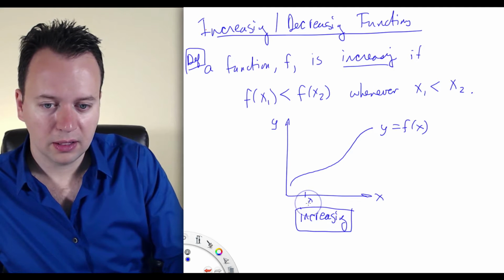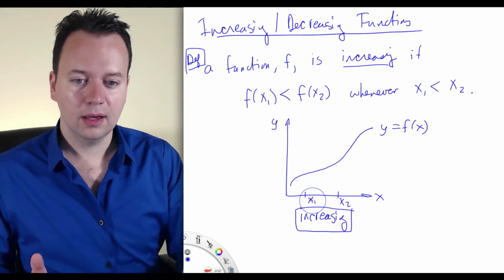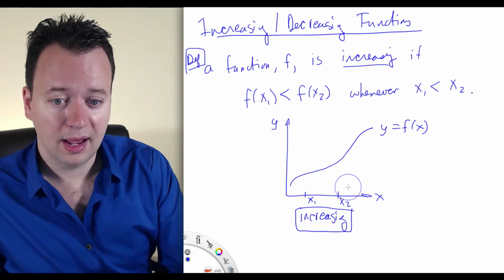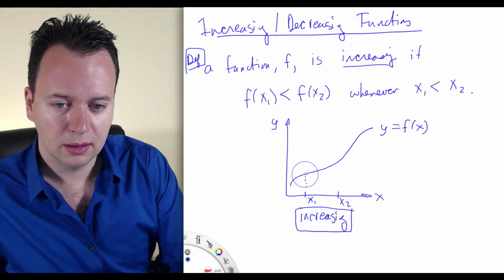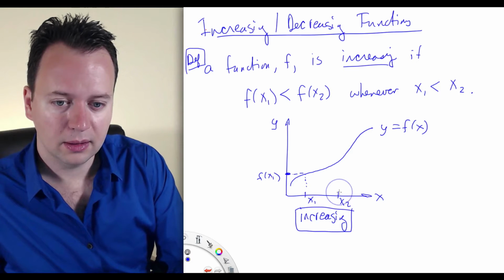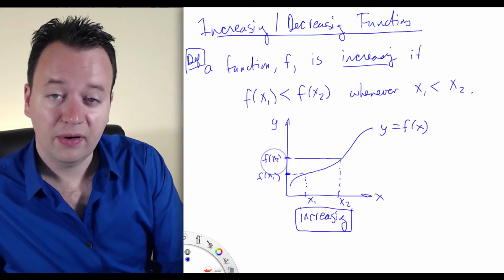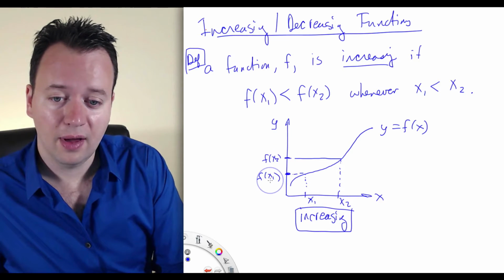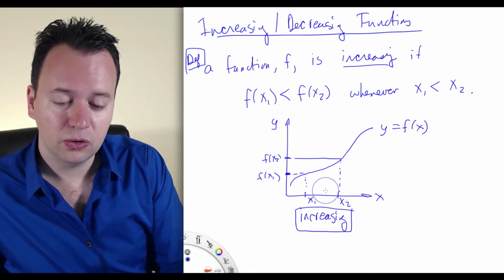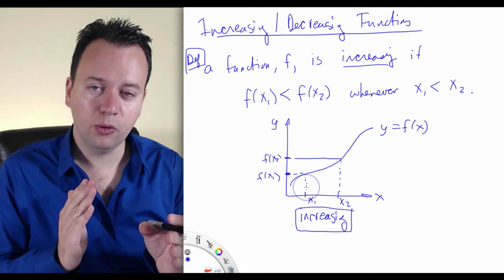If we pick any two x values on the domain such that x2 is larger than x1, and we evaluate f of x1 and f of x2, f of x2 is clearly larger than f of x1, and that's true whenever x2 is larger than x1.